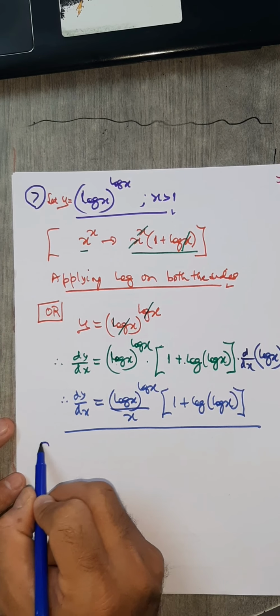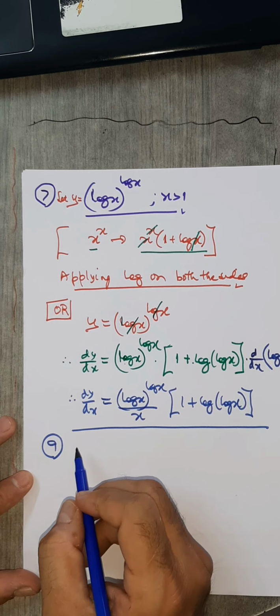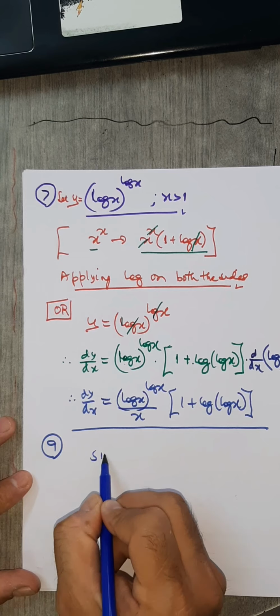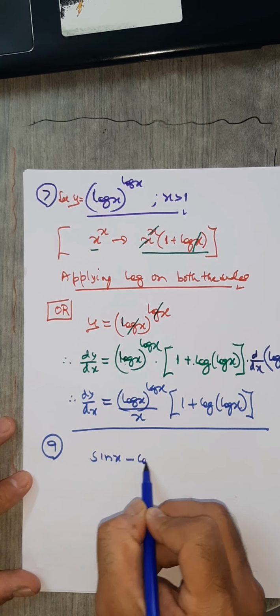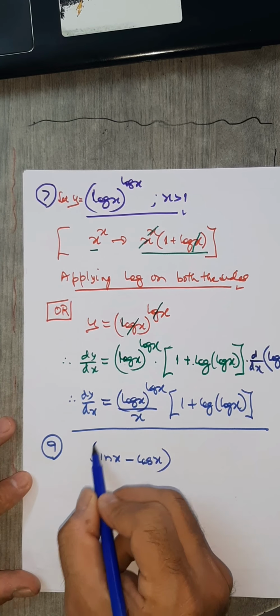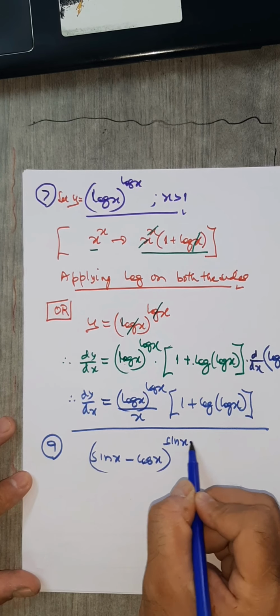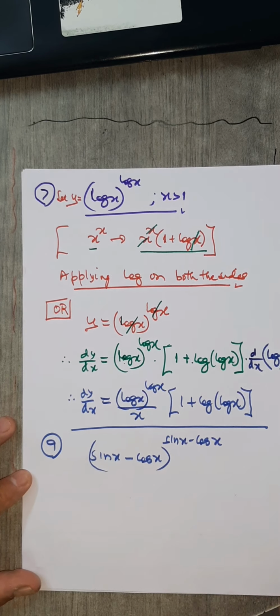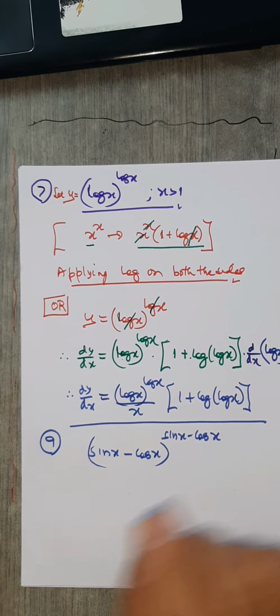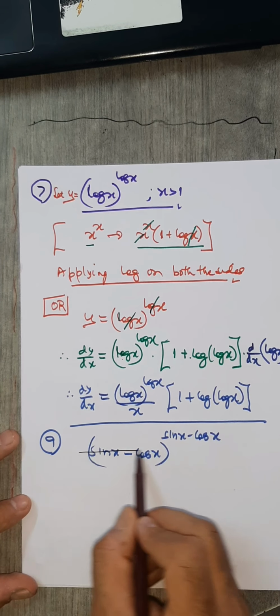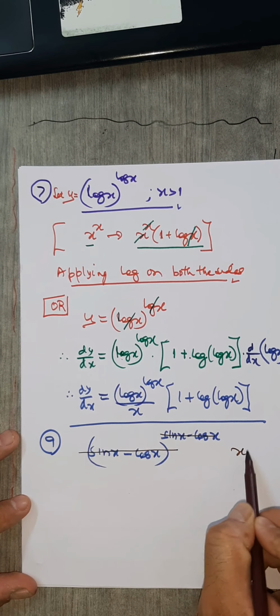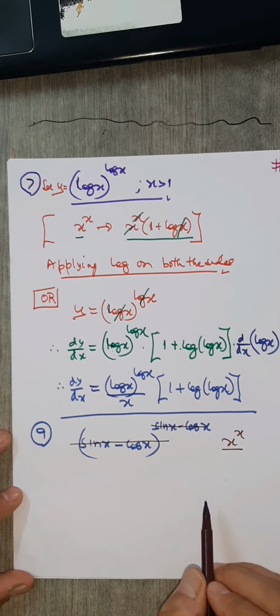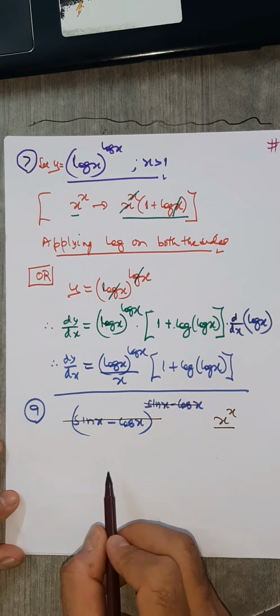Even if you look at the 9th question, same procedure here. You have sin x minus cos x, the whole raised to sin x minus cos x. So you can do the same way. You see here, this looks like x raised to x. And you know the differentiation of x raised to x.